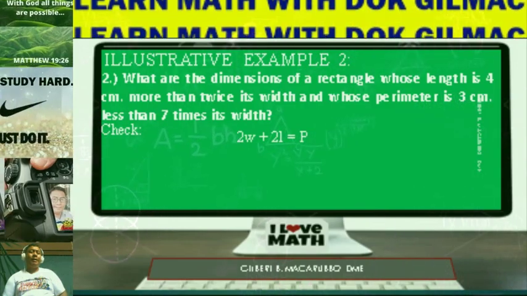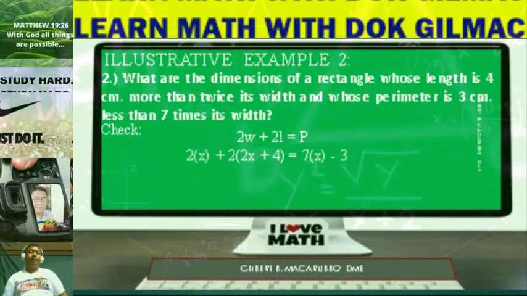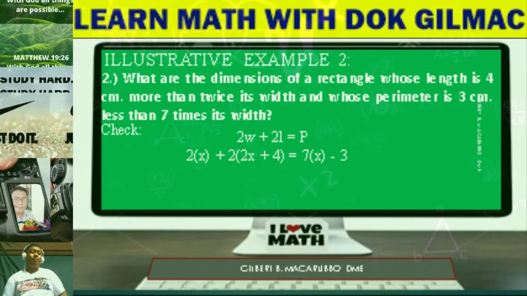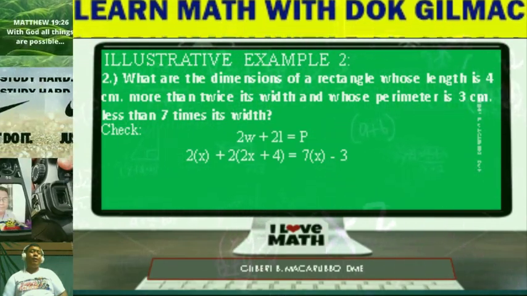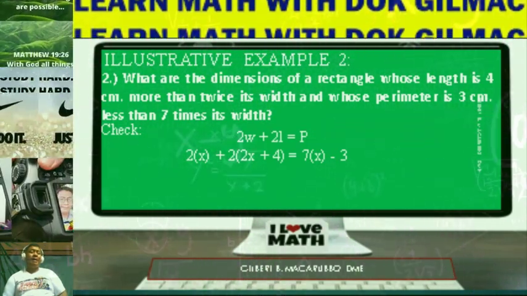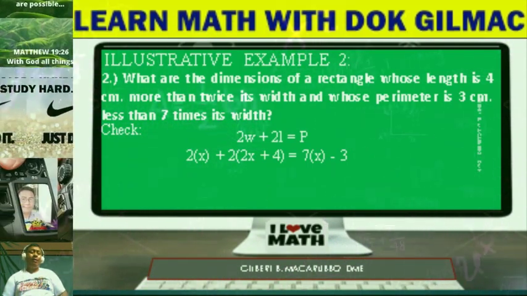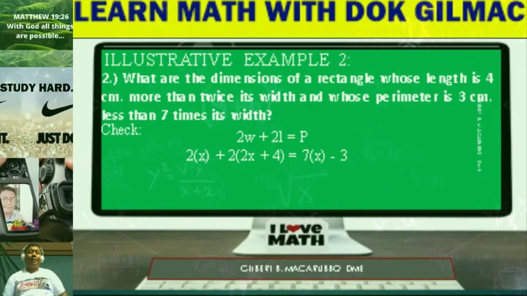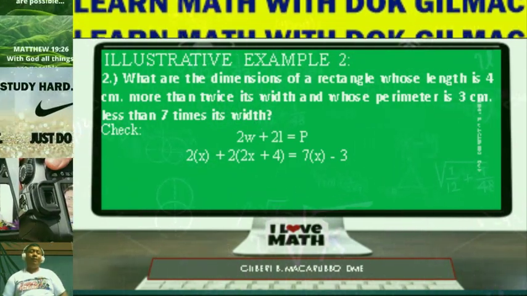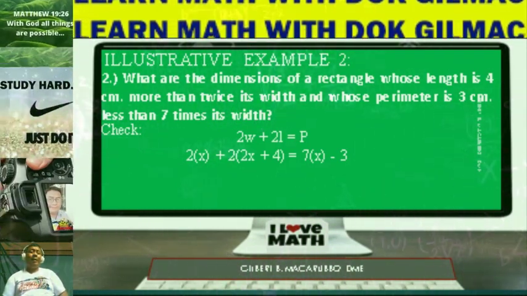2w plus 2L is equal to P. From here, we have 2x plus 2 times 2x plus 4 is equal to 7x minus 3. This is simply the equation that we set up a while back. Let's substitute the given values for the width and the length.